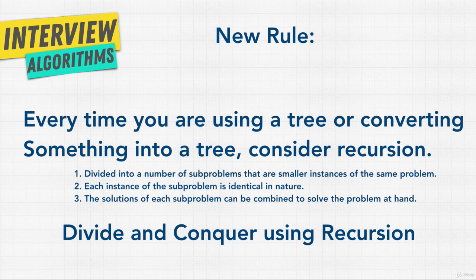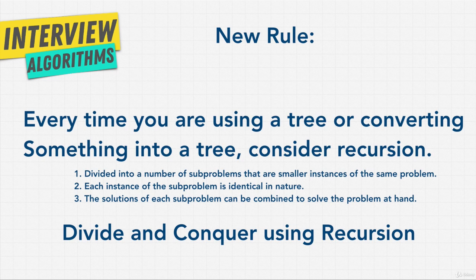One is that a problem can be divided into a number of subproblems that are smaller instances of that same problem, such as the exercises we've done with Fibonacci numbers or factorial. We can break those down into little trees that break down to smaller and smaller pieces. Those are inherently recursive problems.